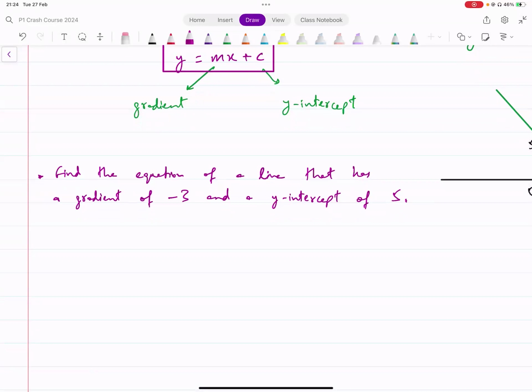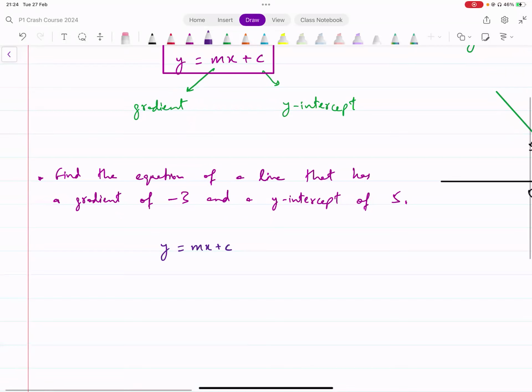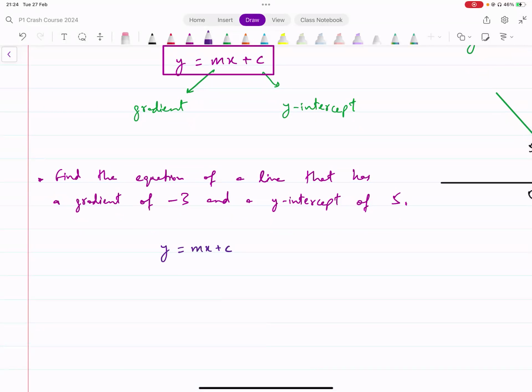So we know the gradient, we know the y-intercept. We can use this form that we wrote above, that's y equals mx plus c. We can just input values in that form, and that will give us the equation of the line. So m equals -3. We can say this is -3 times x plus c. 5 is the value of c. That gives us y equals -3x plus 5.